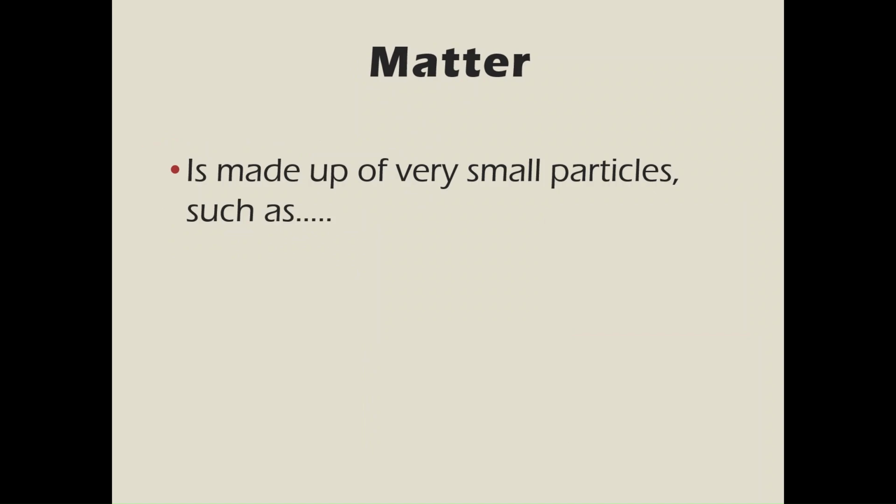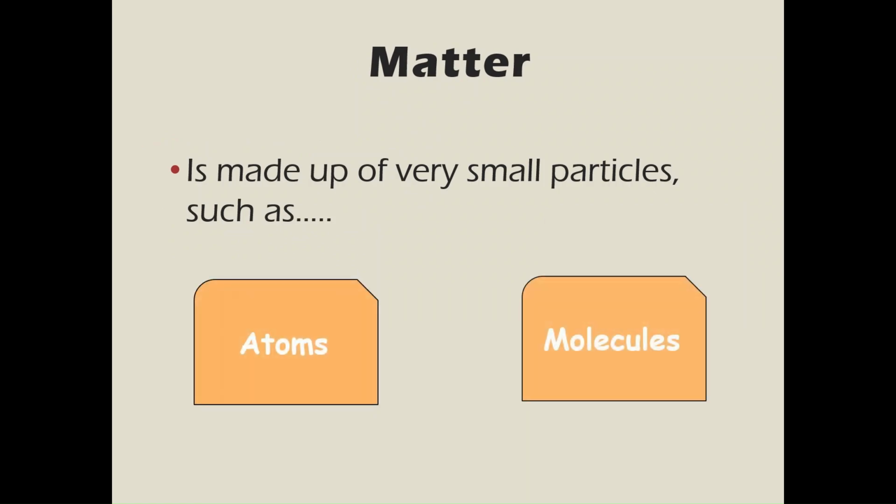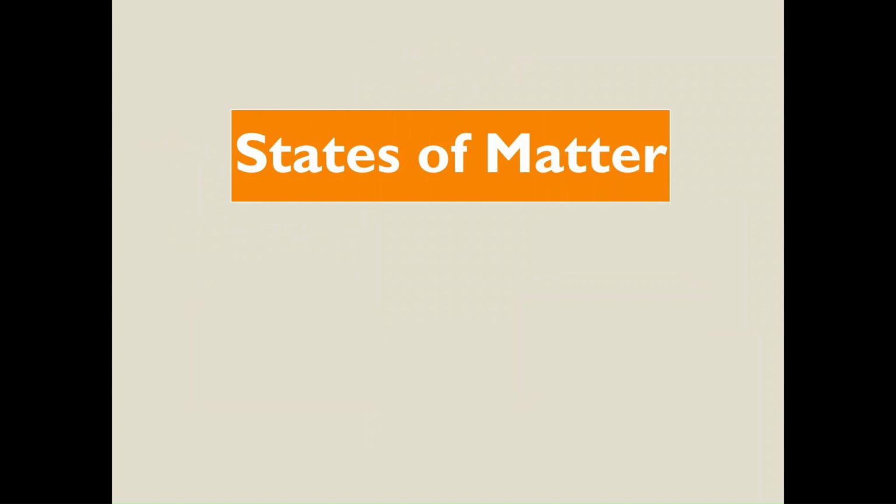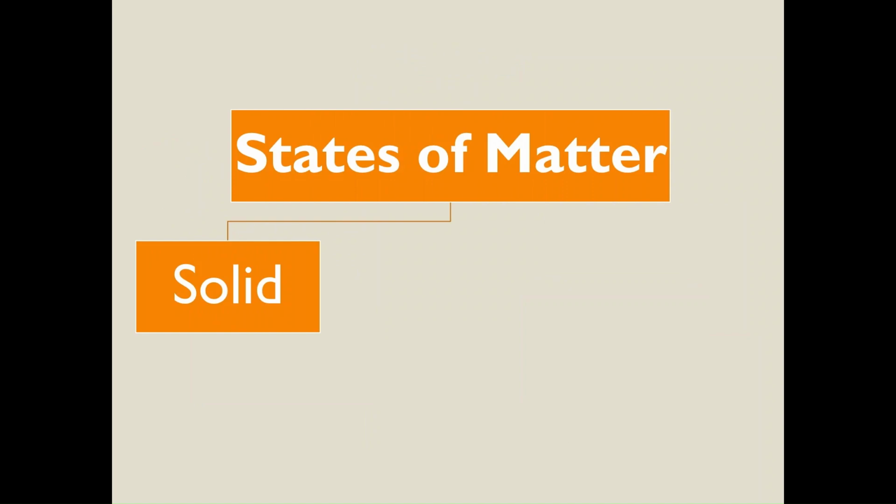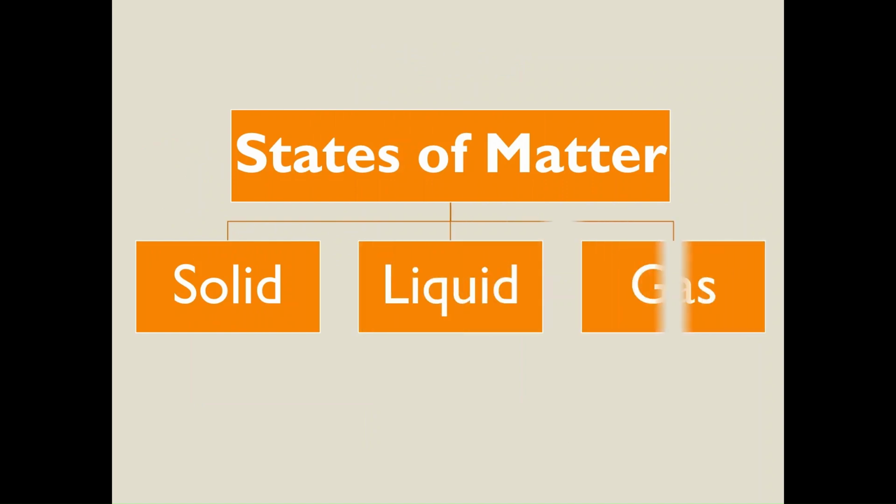In general, matter is made up of very small particles such as atoms or molecules. Molecules are atoms linked together. So the physical states of matter can be solid, liquid, or gas.